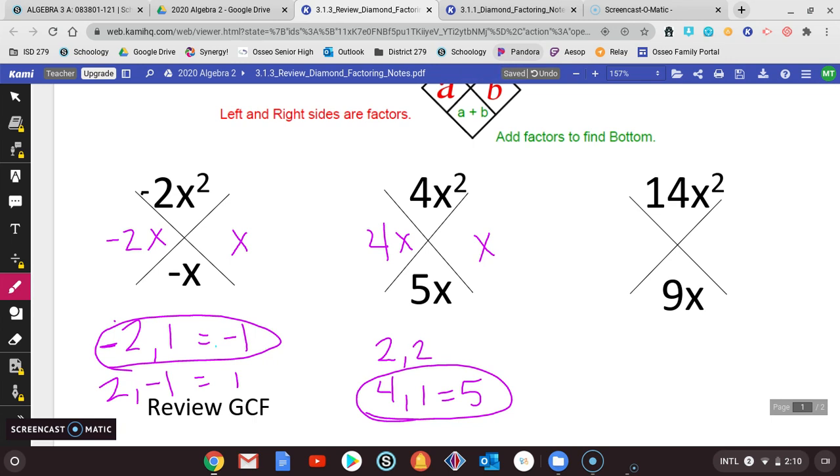All right, see if you guys can do this one on your own. Pause it and see if you can do it. I really do mean pause.